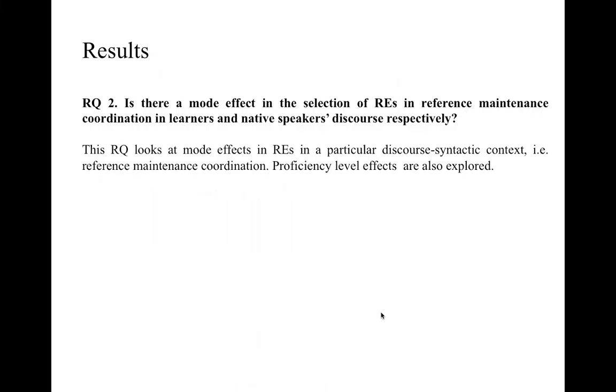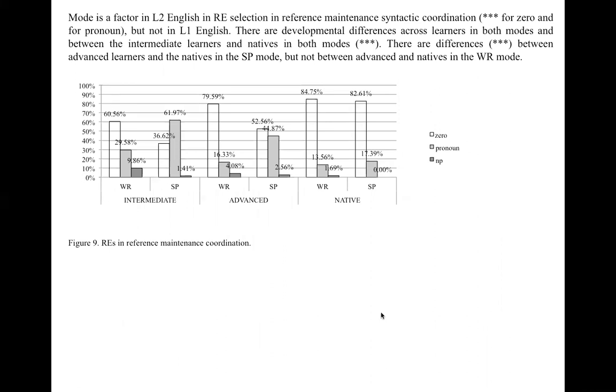Now, as to the second question, I'm looking at referring expression selection. In figure 9, what we can see is a representation of the 3 different anaphors, that is, different grammatical forms. And if we look at the intermediate and advanced groups, there is an effect of mode in L2 English when it comes to referring expression selection.